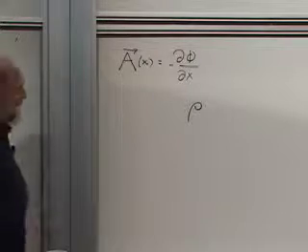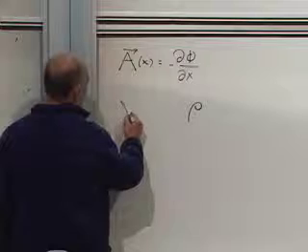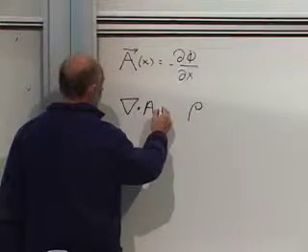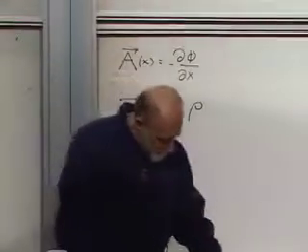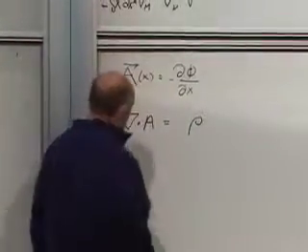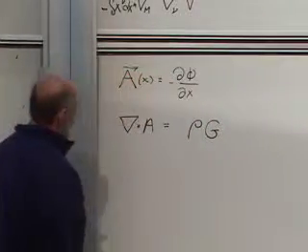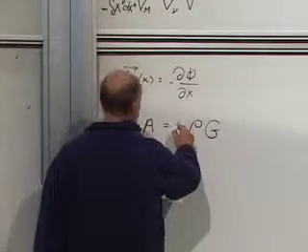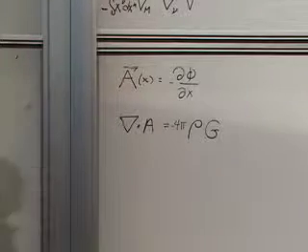Let me remind you that the connection between A and rho is that the divergence of A is equal to, now is that correct? No. There's a factor of G. What else? 4 pi. And a minus sign if I'm not mistaken.